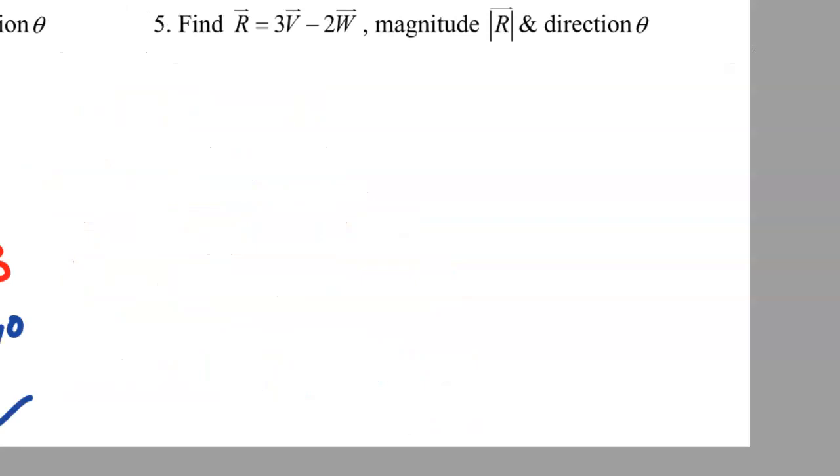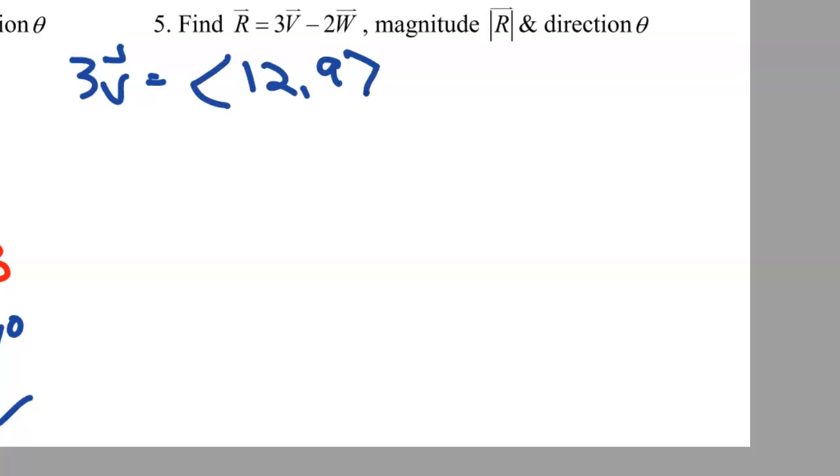Okay, problem number 5 does deal with subtraction. So I'm going to do 3v, which is equal to 12, 9. And I'm going to do -2w, which is equal to 2, -4.